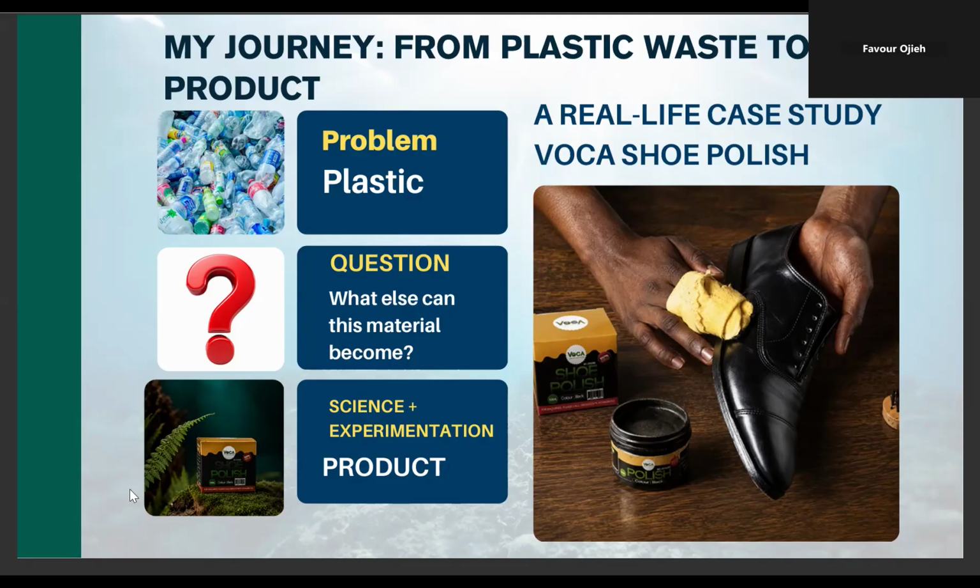So with my background in chemistry, I started carrying out research on how to turn this plastic problem into a product. After about 24 months of experiments, I came up with a product which is Vocal Shoe Polish.